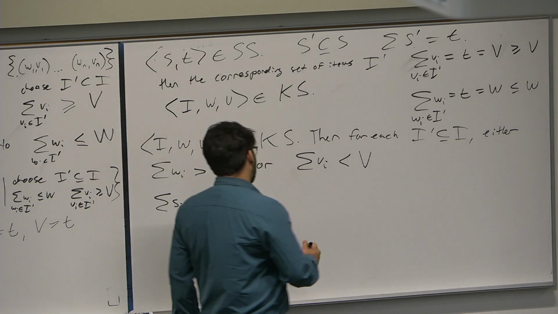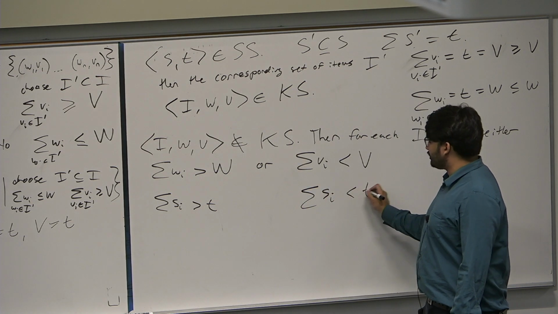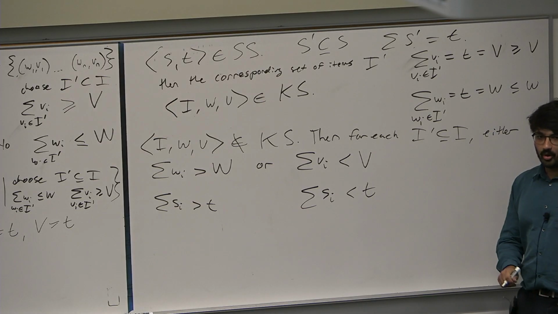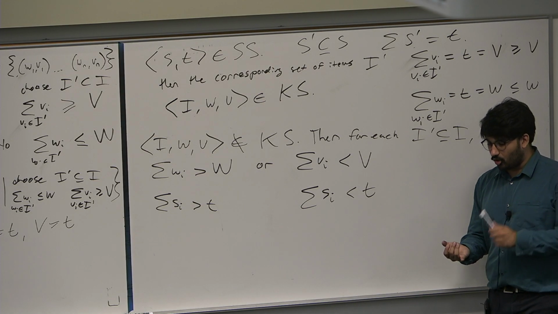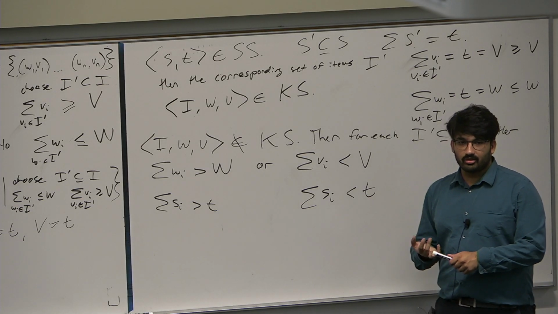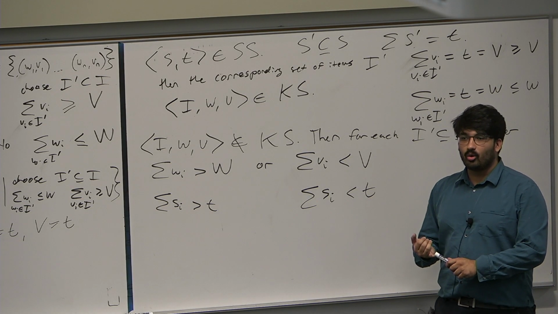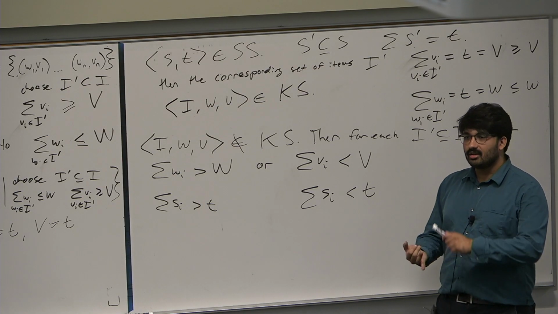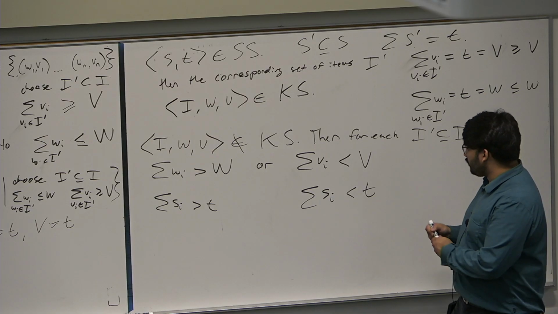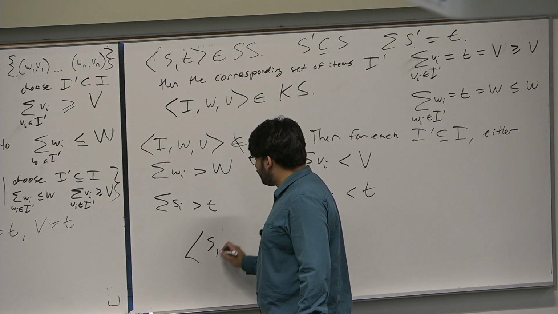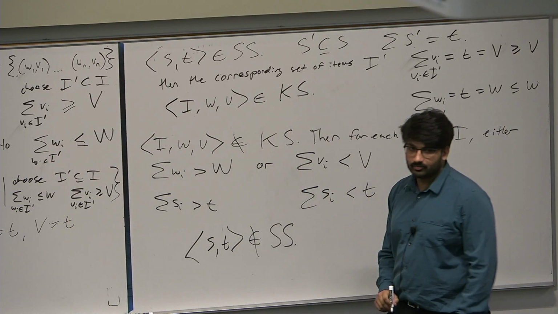And if you're below your value threshold, then that corresponding set of items must sum to something below the target. Either way, we know that the selection of items could never have a subset which sums to target t. So this cannot be in subset sum, QED.